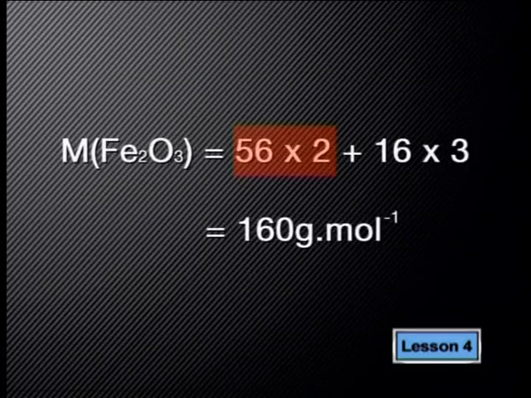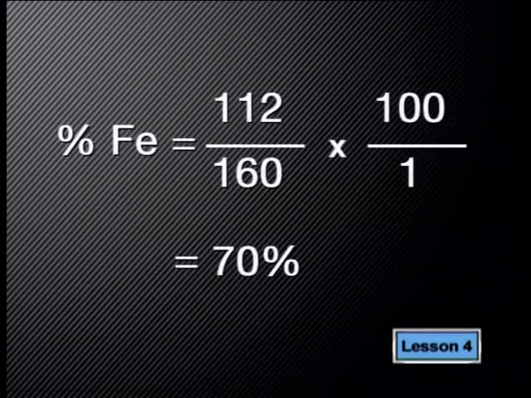Next, we have to work out the percentage that each element contributes to the total mass. To find the percentage of iron, we take the relative atomic mass of iron, 56, multiplied by 2, and then divide by the molar mass of iron 3 oxide, and finally multiply by 100 to get a percentage of 70.